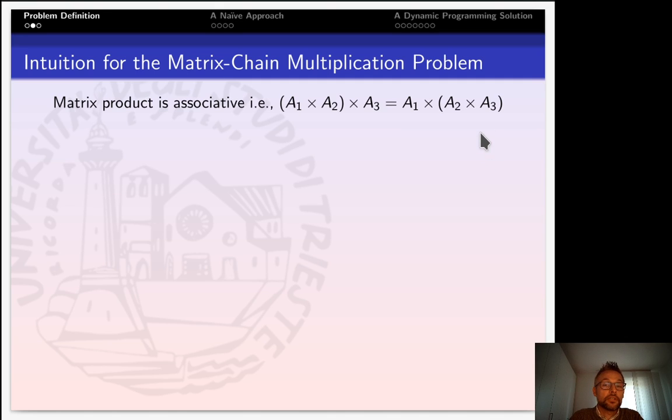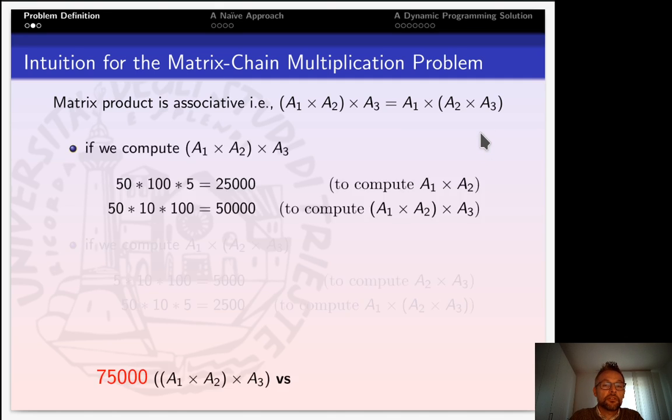so this is clear. Now let's have a look at the number of multiplications required to perform the first operation, so multiplying A1 by A2 and then the result by A3. If we use this parenthesization, we end up doing the following number of operations.